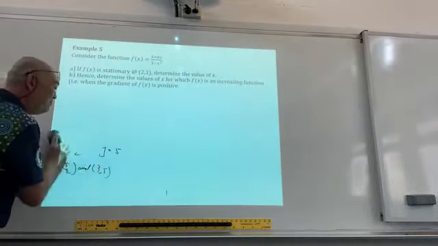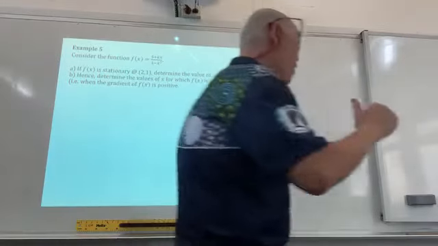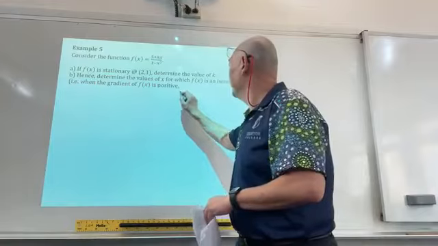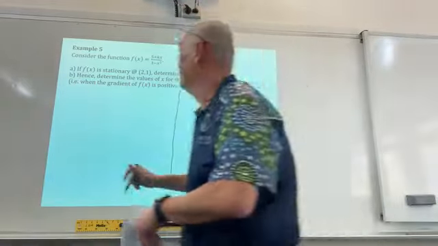Now, you have got an equation, but you haven't got a clue what k is. So if f(x) is stationary at 2, 1, determine the value of k. All right? So, what you need to do is, first, let's find the first derivative of f(x).